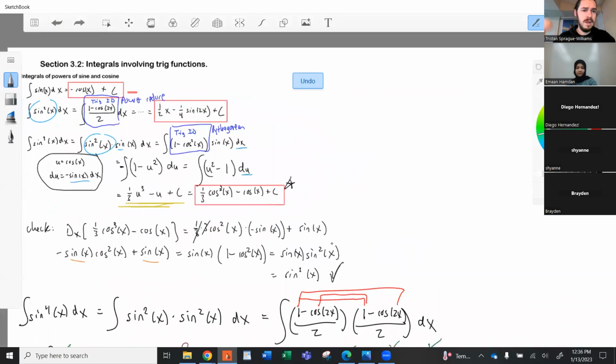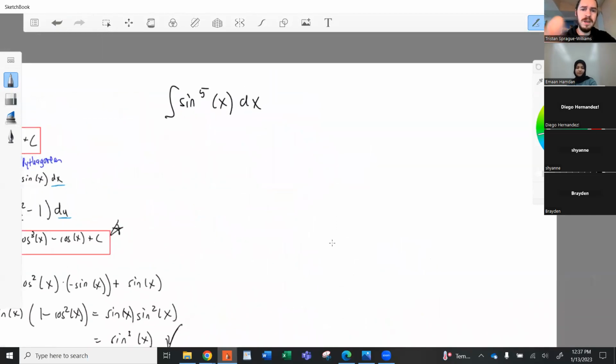So real quick, I'll show you an example of that with sine to the power 5. You can say, okay, this is sine squared, sine squared, and sine.